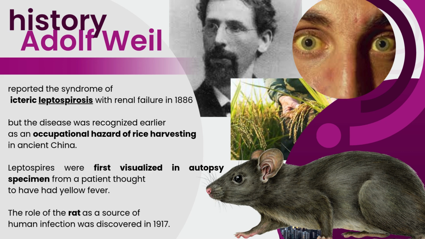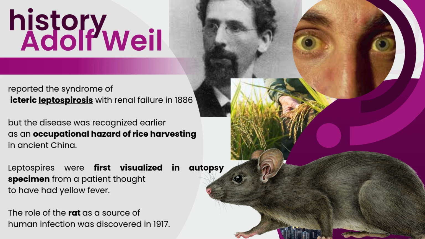However, let's note that the disease was recognized much earlier, particularly in ancient China, as it's an occupational hazard for rice harvesters. Interestingly, leptospires were first visualized in autopsy specimens from patients who were initially thought to have yellow fever. And this discovery highlights the complexities of diagnosing infectious diseases in history.